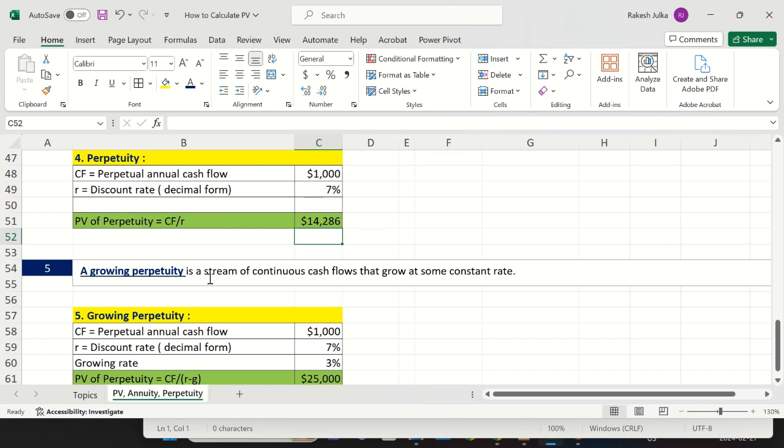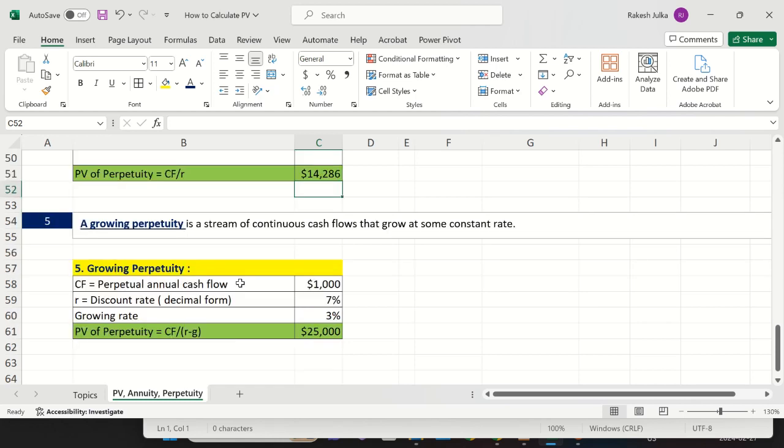Second is the growing perpetuity. So what does it mean? Sometimes someone is going to retire today and wants a $1,000 payment every year, but the discount rate is 7%, meaning the rate of interest, and the investor wants 3% growth every year in the amount of the annual cash flow. That is the growth rate. Then how much money does the person need to invest today?